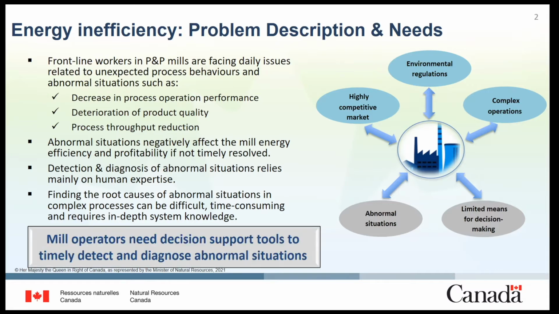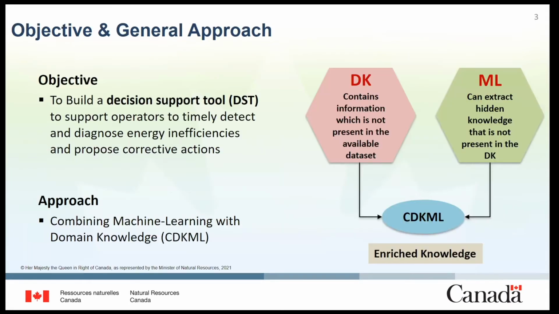So for this reason, we think that mill operators or production engineers need a decision support tool to help them better manage abnormal situations. Therefore, our project aims to develop a decision support tool that can help operators to detect and diagnose energy inefficiencies and propose corrective actions.